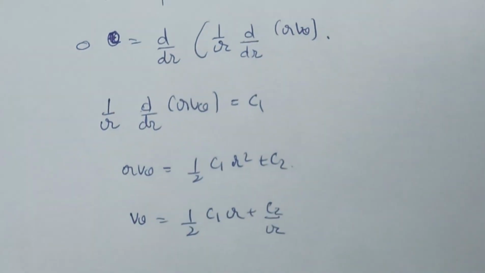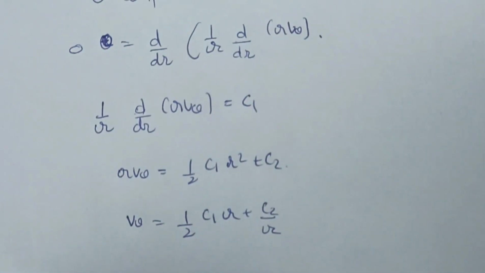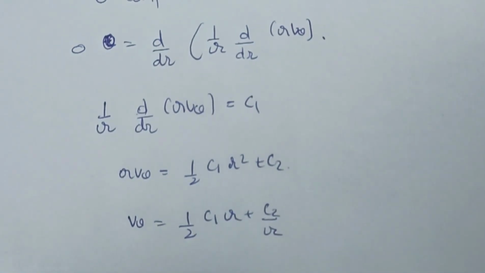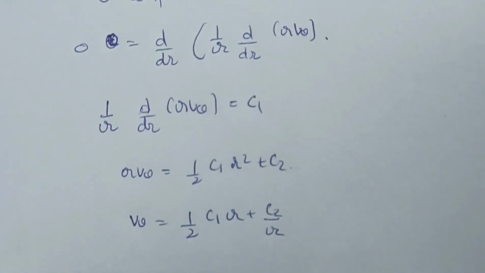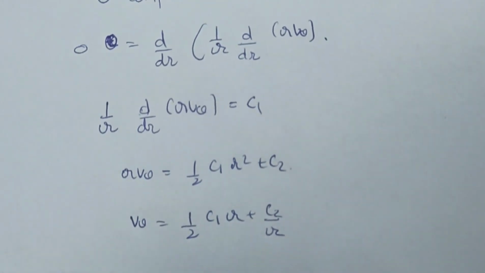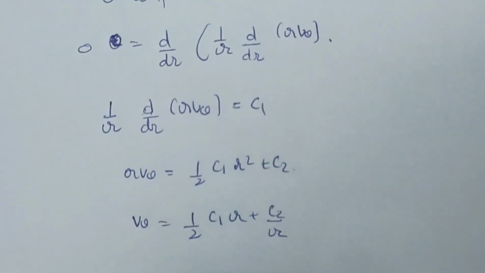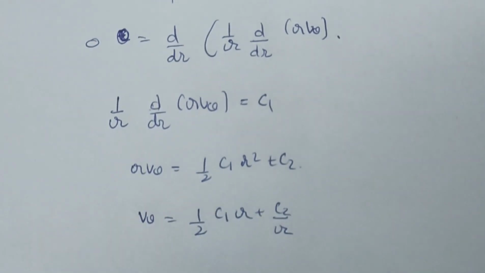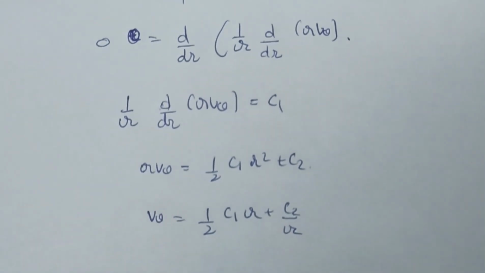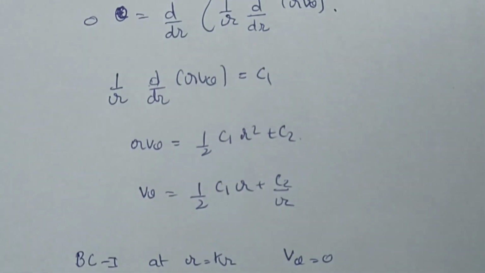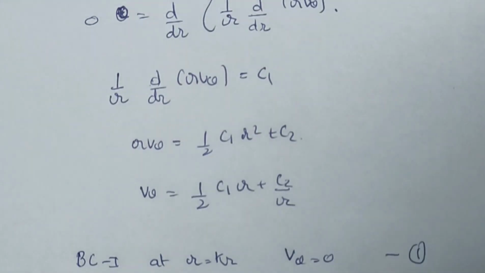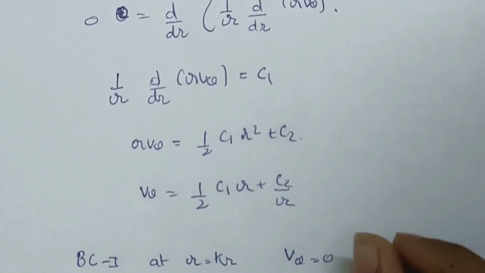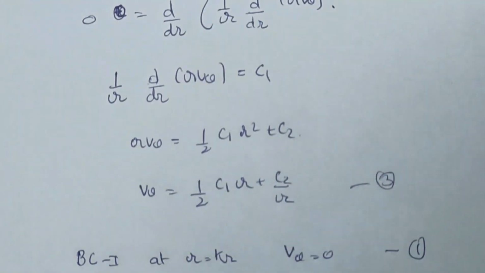Now for this equation, we have two boundary conditions. Boundary condition 1 is at r equal to kappa r, v theta is equal to 0, and at r equal to r, v theta is equal to omega naught r. So let's name this equation as 1, this as 2 and this as 3.